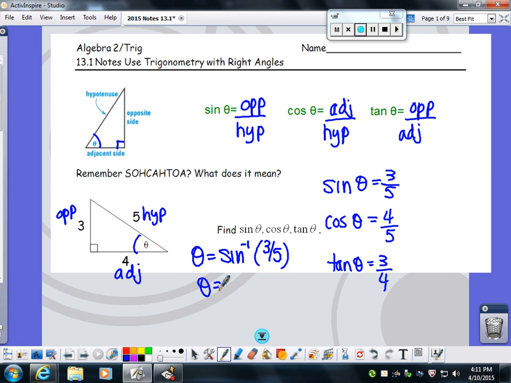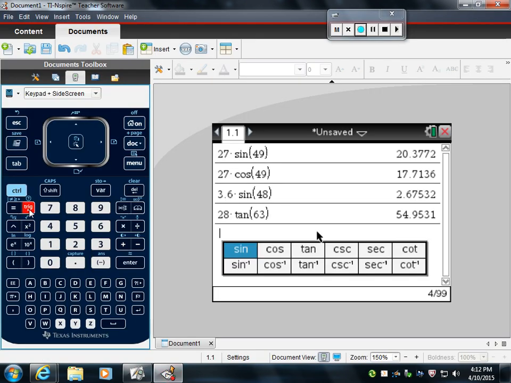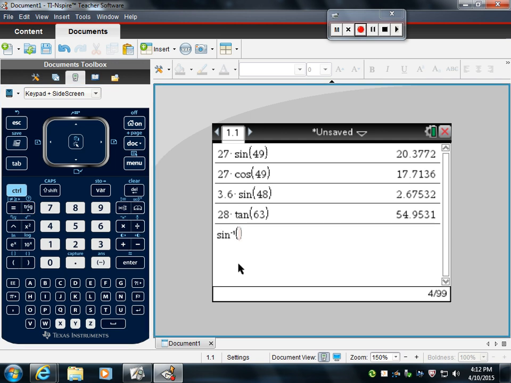All right, let's see where that is in the calculator. Basically what it's saying is, what angle has a sine of 3 over 5? If you go to your trig again, at the bottom row there are our inverses. That's when we want to go backwards and find an angle. So we're going to use sine to the negative 1, inverse sine, and you're going to put in your fraction, 3 over 5.